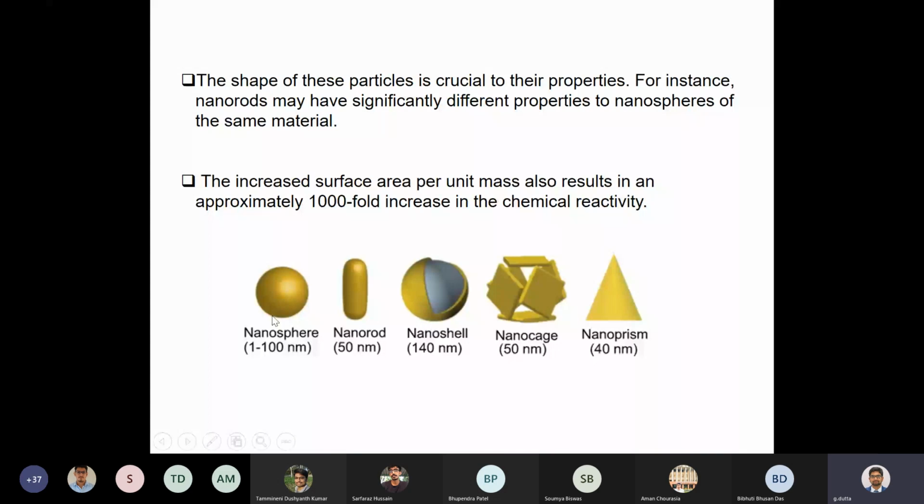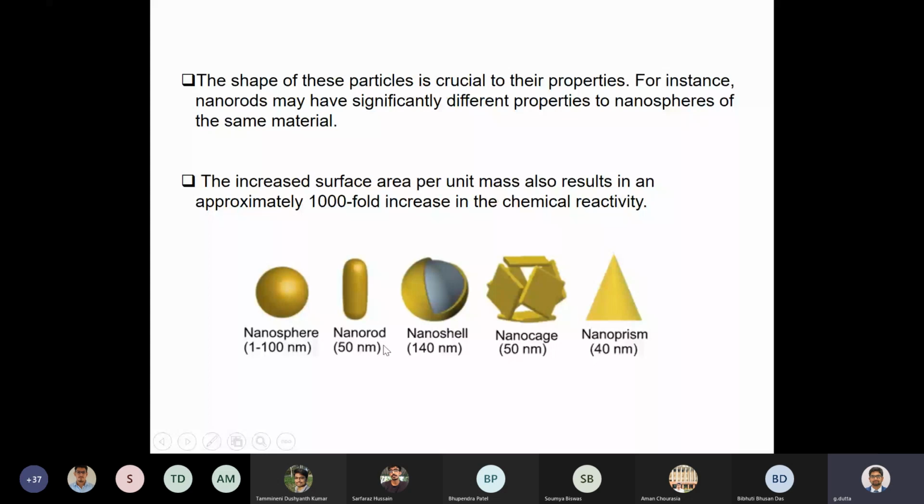We can use spherical, nanorod, or prism types, and because of the different shape, their activity will also be different. People have already done many investigations by changing shape and size. Research is still going on into how nanomaterial behaves if we change their size, shape, and composition.